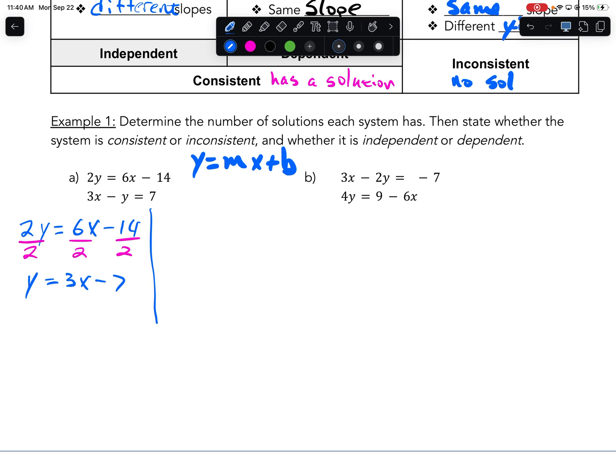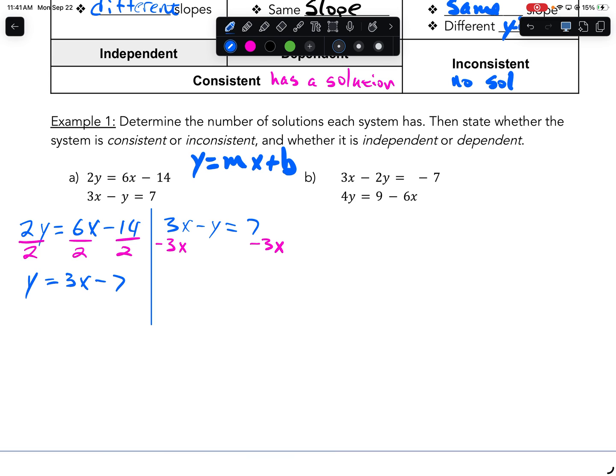Then I'm going to take my second equation, 3x minus y equals 7. What should I do first, Ellie? So is this 3x here positive or negative? So to get rid of it, we subtract it, right? So minus 3x.